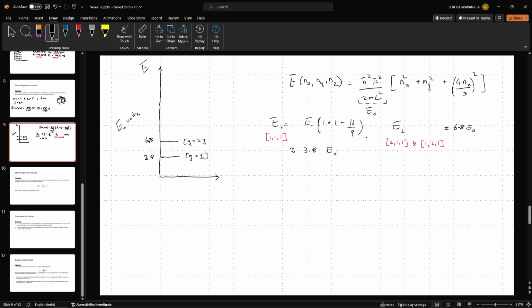So that's 82 by 9, almost 9 E naught. So that's going to jump all the way up here, and we have our first band splitting. So this is at 9, and of course, this has a degeneracy of G equal to 1 only.